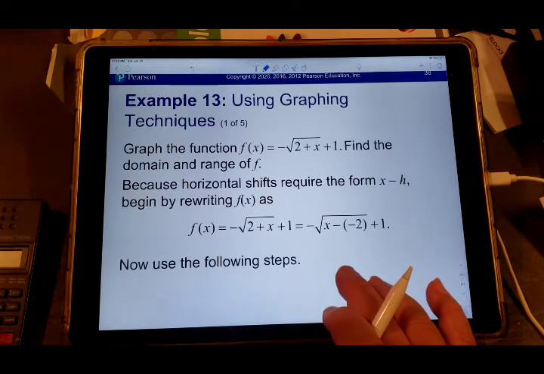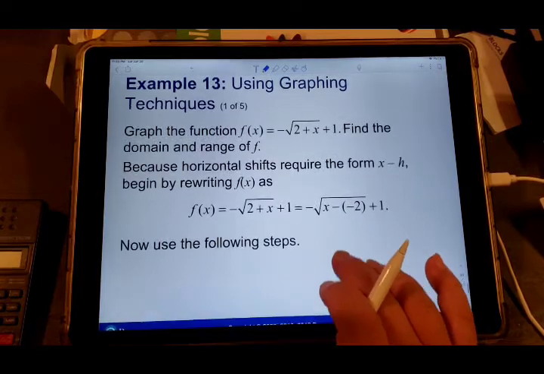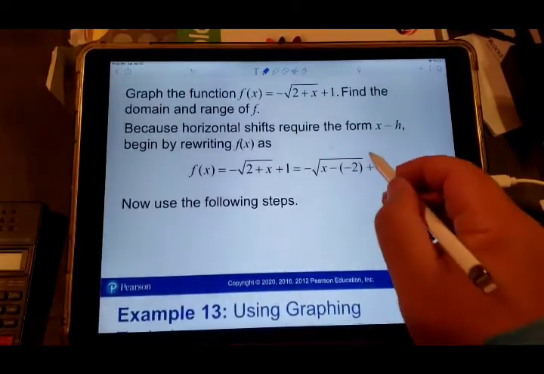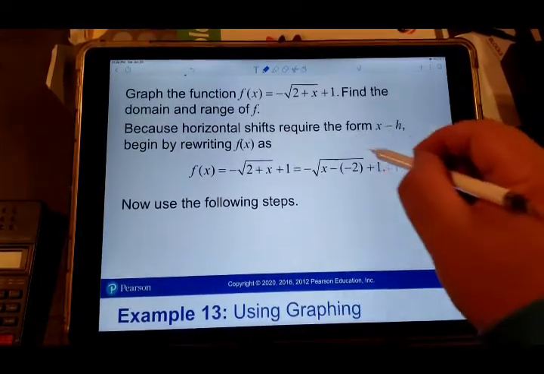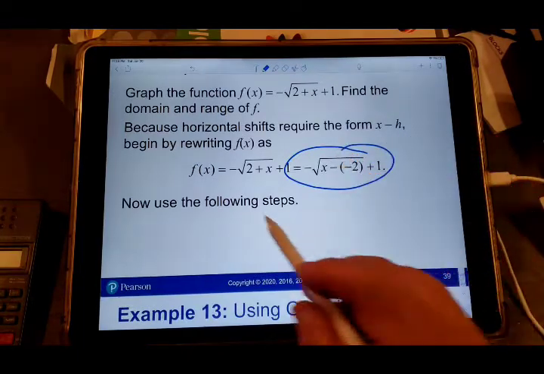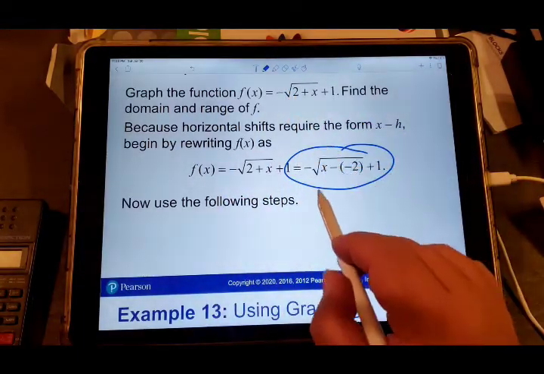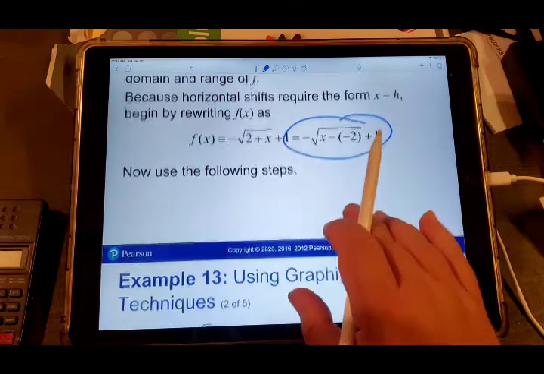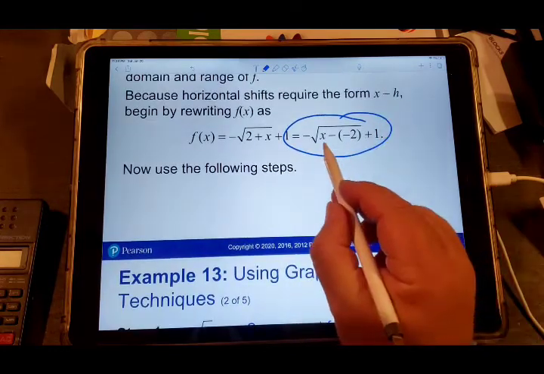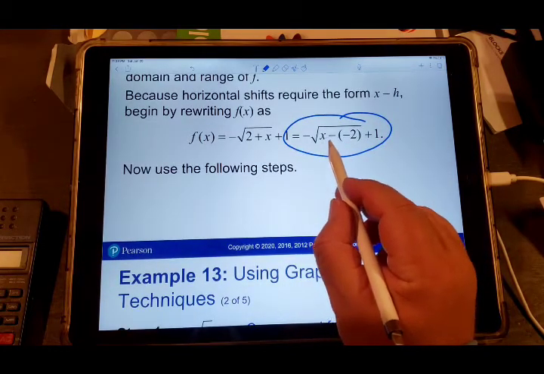This one, they did a little bit of manipulating with it, working with the original way they gave it to you so you could make everything pop. So what are they doing? They're saying they actually wanted to see x minus what.